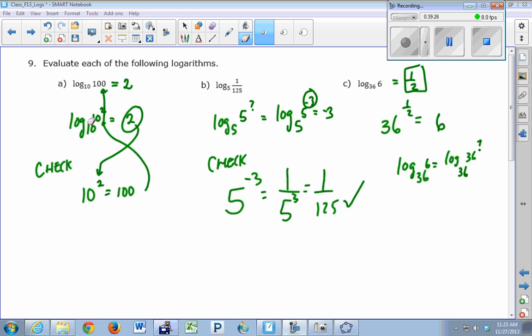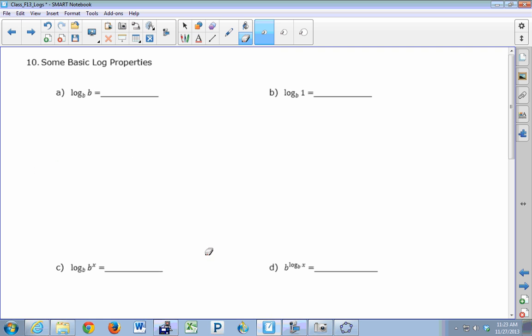You said -3. What do I have to raise 10 to get 100? It was 2. So what do I have to do to 36 to get 6? I have to take the square root, and the square root we write as 1/2 power. Okay? All right, so now we're going to look at some basic log properties.